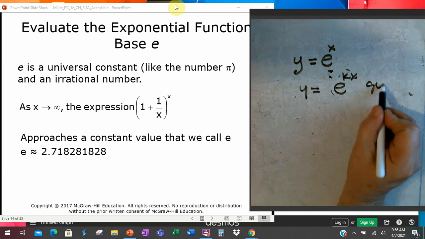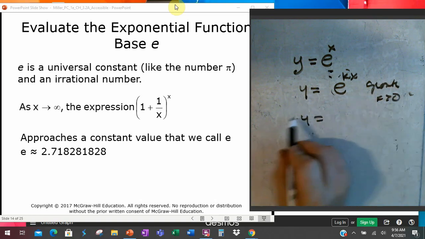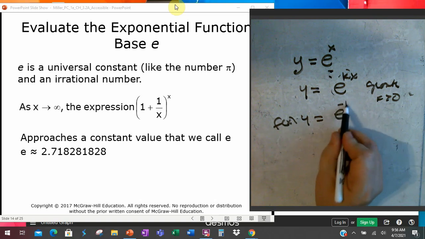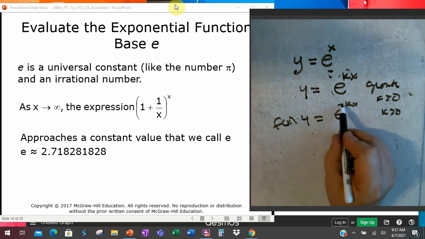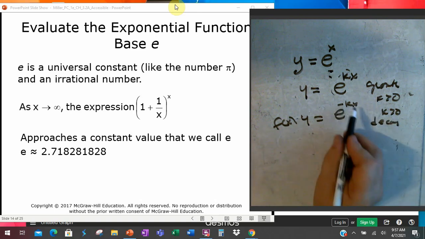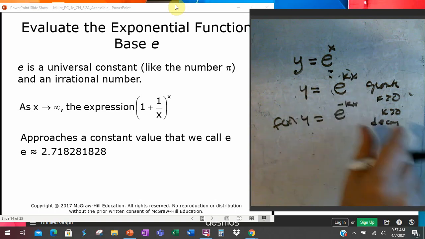So this would be growth, k greater than 0, and e to the minus kx, k still greater than 0, would be decay. When you see a negative in here, negative 0.136 times x, it's going to be a decay.